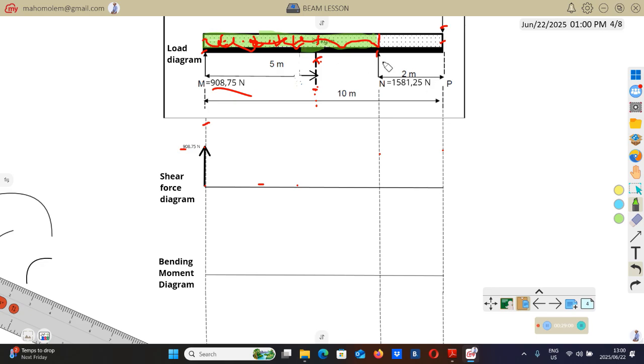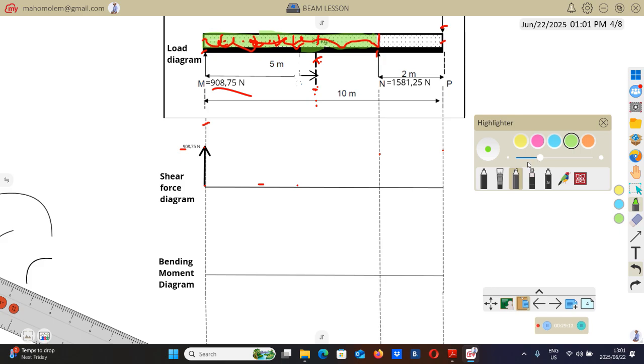You take the weight per meter length multiplied by the length of this lemon part that we see there.